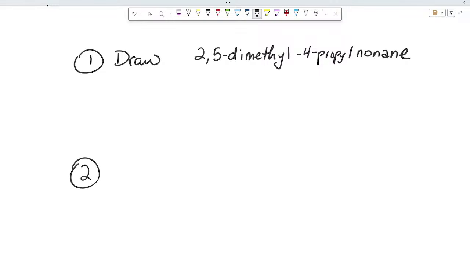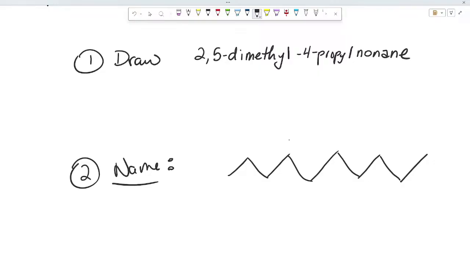And then I want you to name this drawing. Just on a piece of scrap paper, piece of line paper, whatever. We just want to make sure we're on the right track here. However you want. I want you to draw this for me, and I want you to name this guy. Okay, now name it.